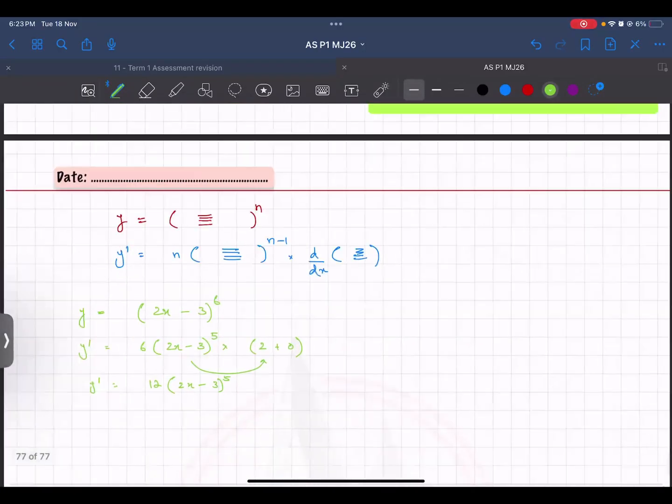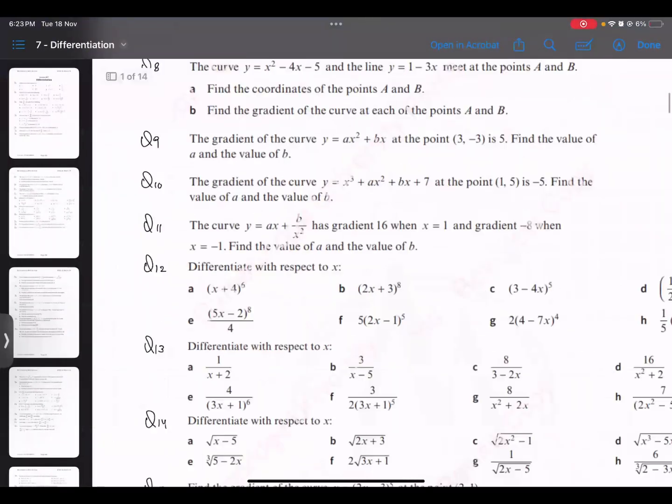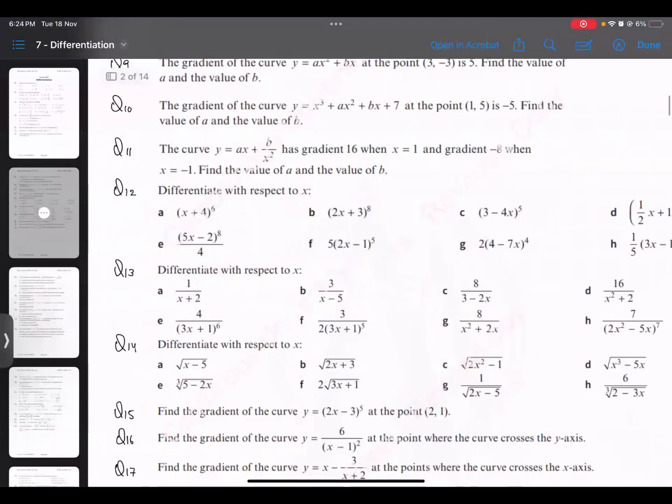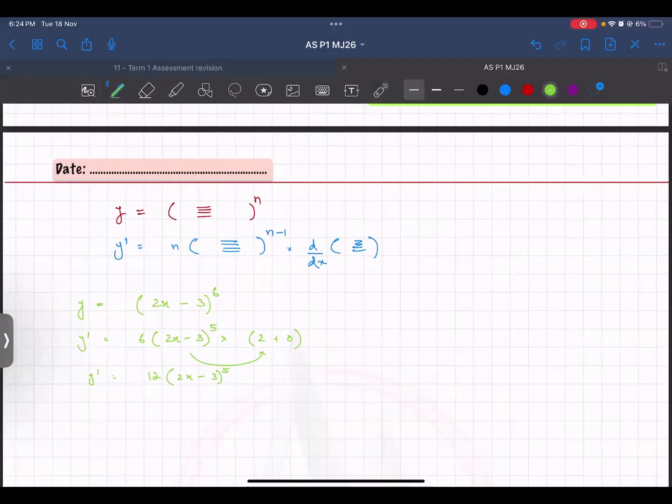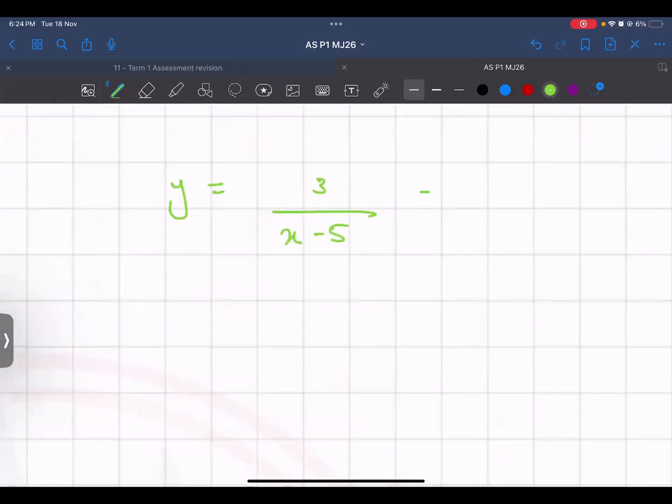Okay, let's do some more examples. 3 upon x minus 5, let's suppose. First of all, bring the complete denominator up. So this becomes 3 multiplied by x minus 5 power minus 1.